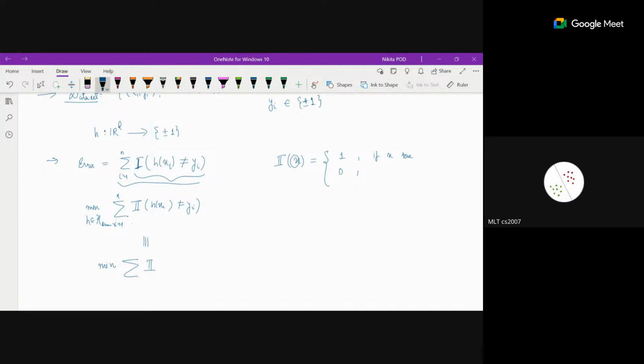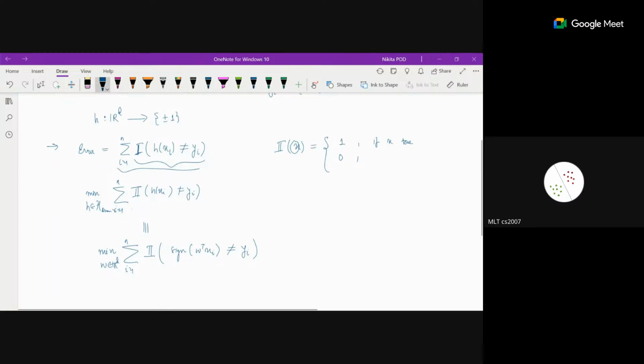And in case of the classification problem, the way we had defined our h was, we are going to look at sign of w transpose x_i, right? And we are going to see whether this is equal to y_i or not, with i varying from 1 to n, and w belonging to R^d.